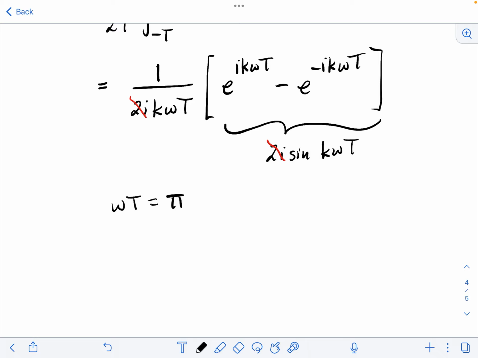So this is equal to 1 over k pi times sine of k pi. But k is an integer, and sine of an integer multiple of pi is just 0. So this is 0 for all cases, except k equals 0, because then we have a 1 over 0 out front. So that one we have to be a little bit careful of.